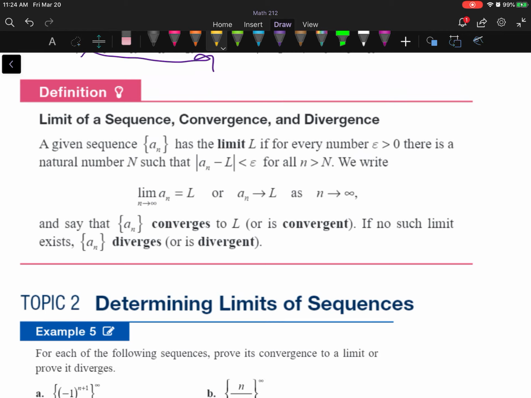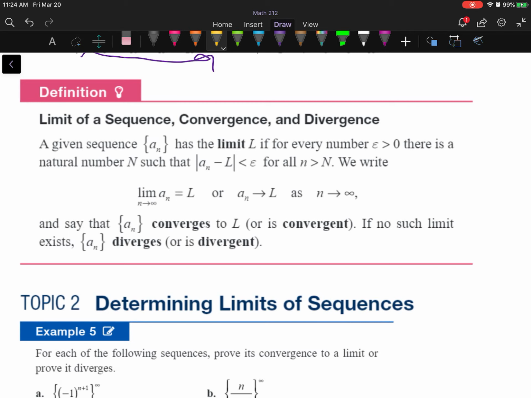Woof. Do notice that this definition looks a lot like the epsilon-delta definition of a limit that we looked at in Calculus 1. So it's not completely foreign.